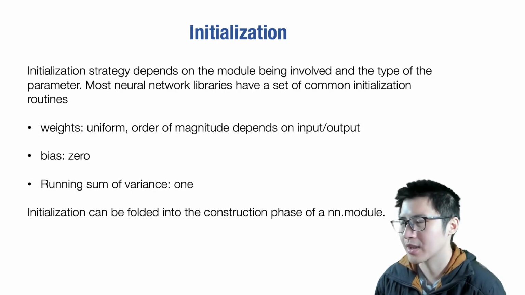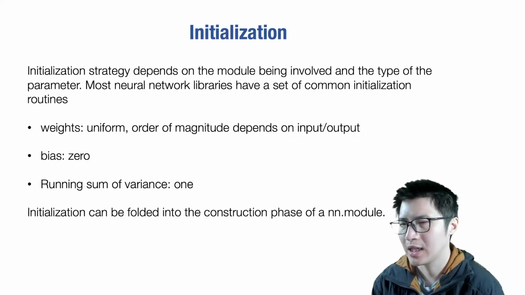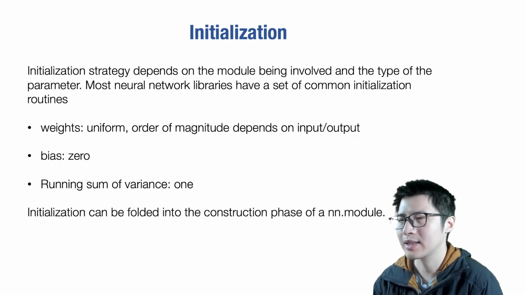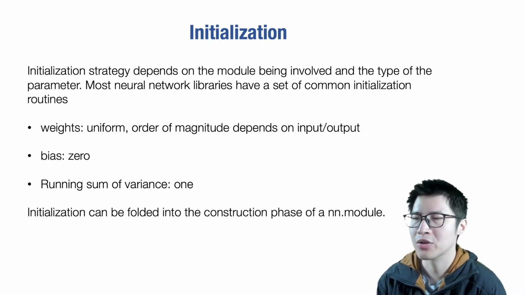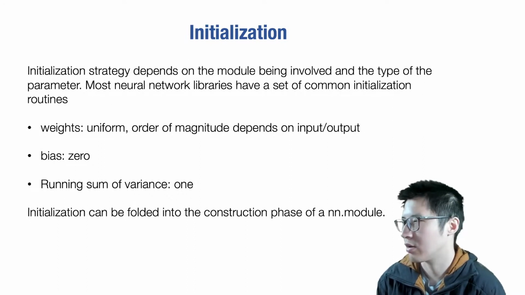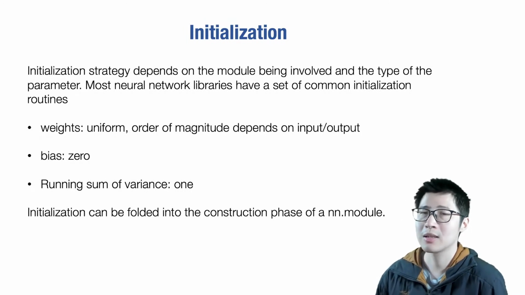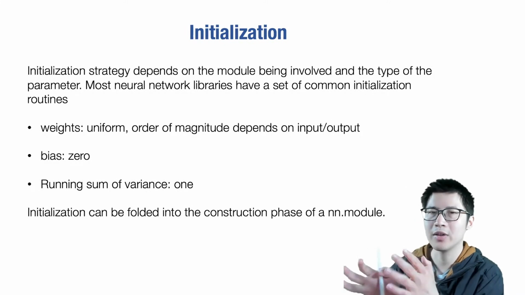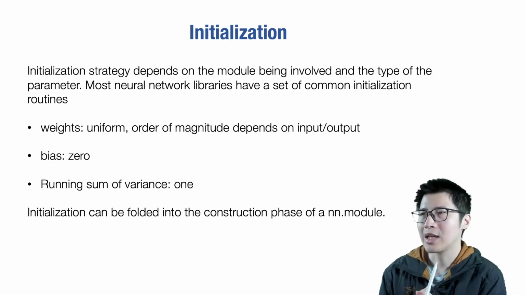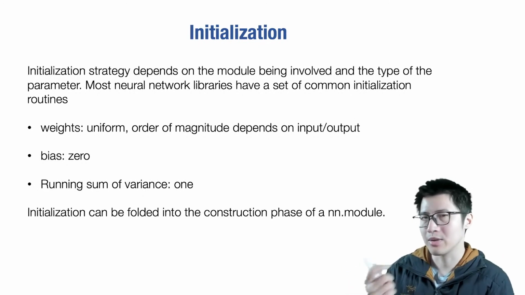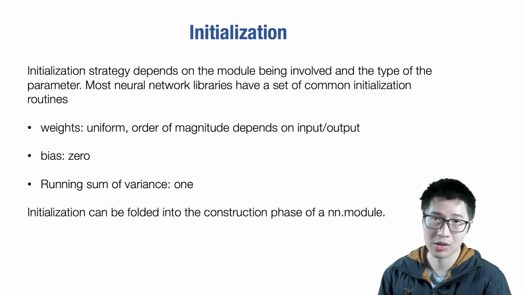Besides the weight updates and the optimizers, another thing that we want to think about is how we're going to initialize each of the parameters in our space. The initialization needs to consider the order of magnitude, because if you are building a very deep neural network and you initialize the weights to be too small, after a few layers of propagation your values will get close to zero.